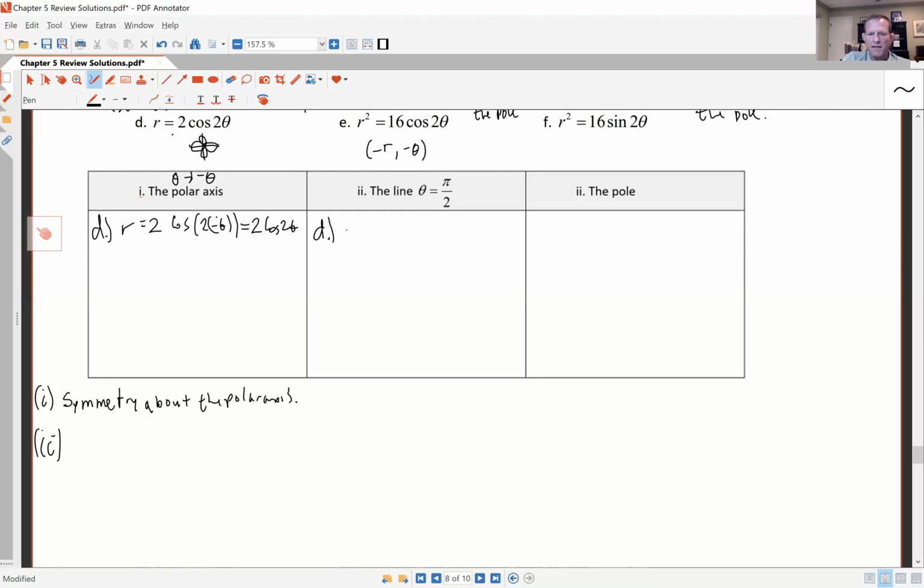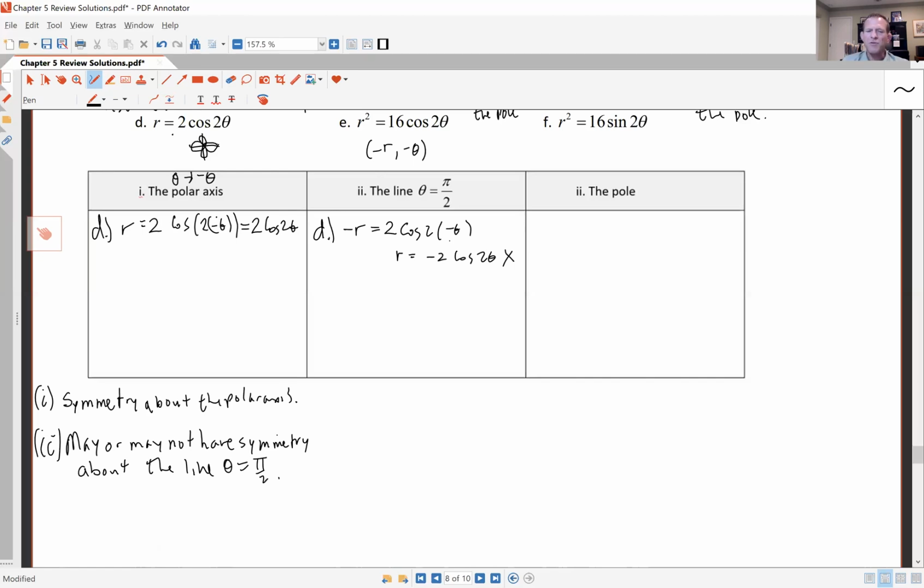We have negative r equals 2 cosine 2 times negative theta. The theta goes away inside, so we'll have negative 2 cosine 2 theta, which we've changed. So all we can say here is that it may or may not have symmetry about the line theta equals pi over 2. We can see by the picture of the 4-leafed rose that it does have it, but with the test, you can't be conclusive on the symmetry. You have to actually look at the graph.